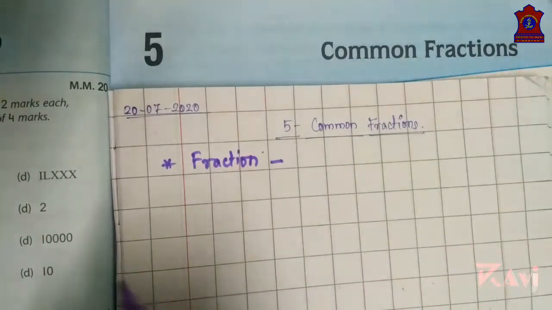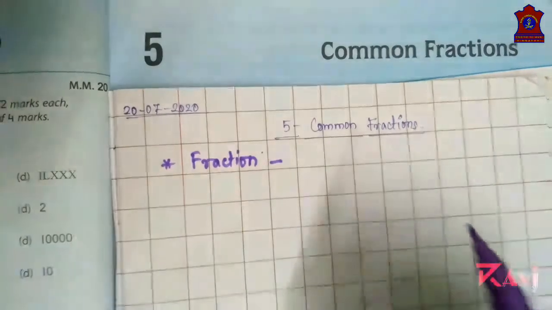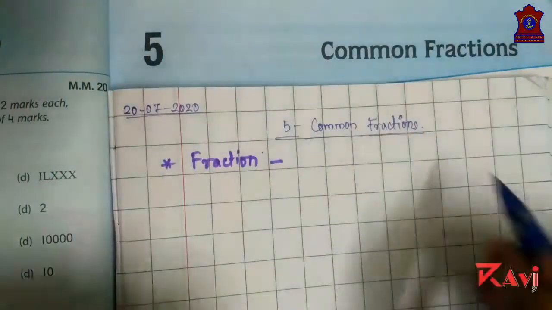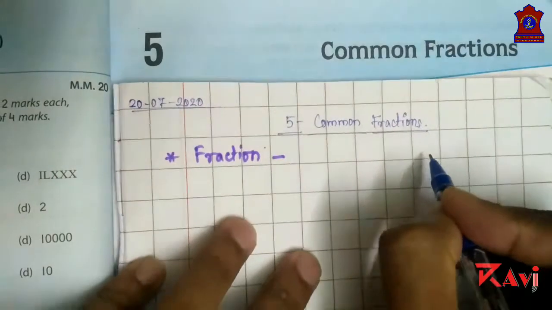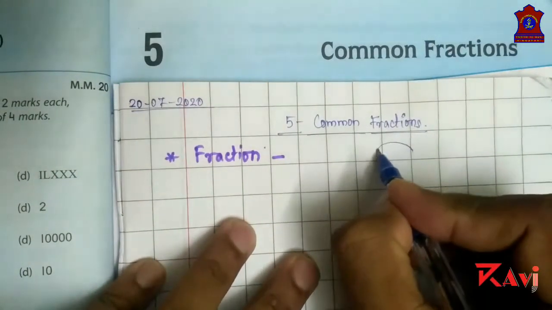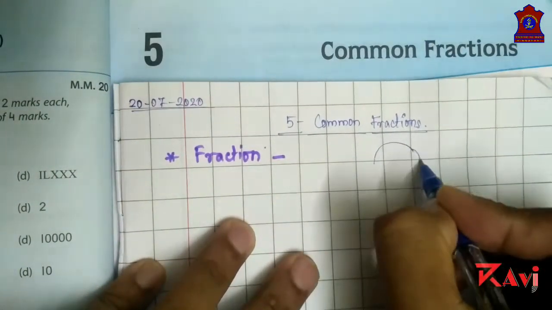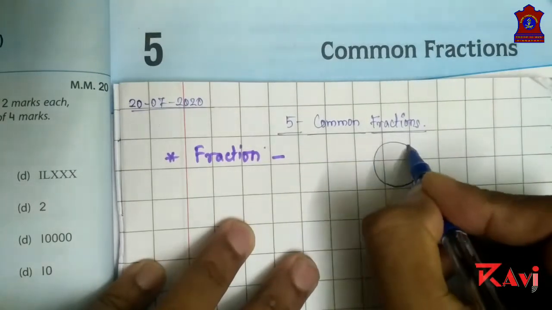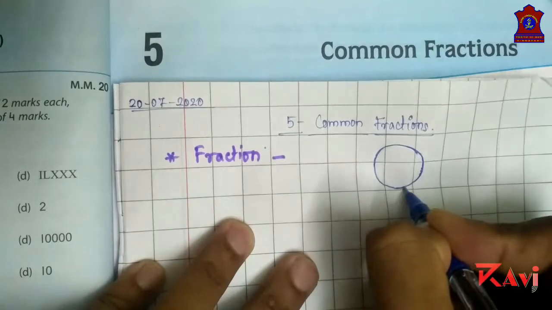Let's see how it is a part of a whole. Look at this example. This is a circle, this is a whole circle.